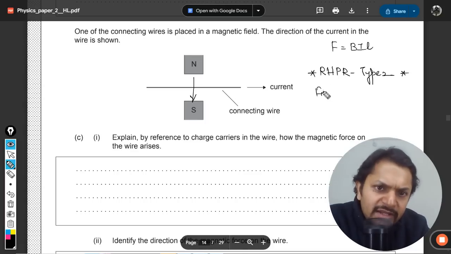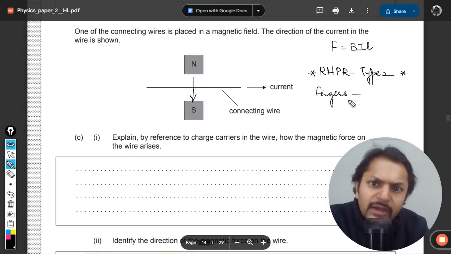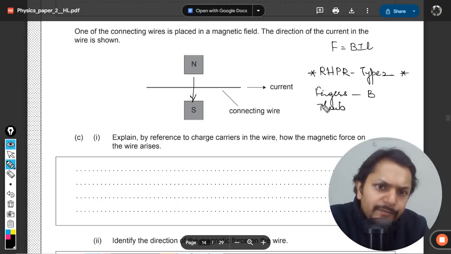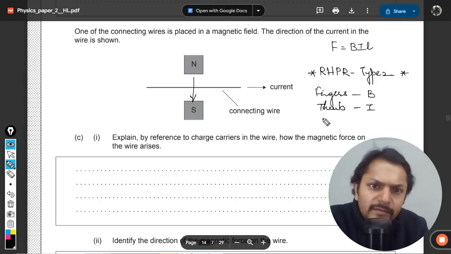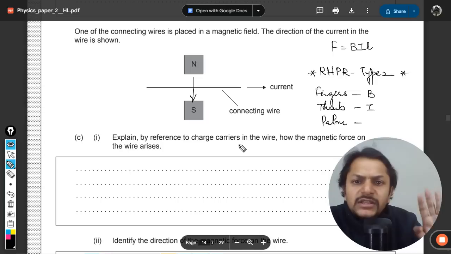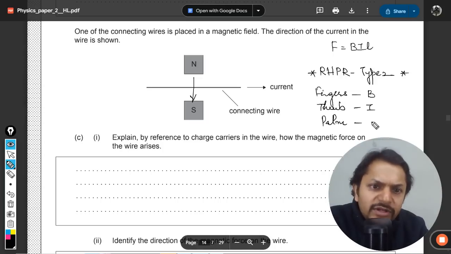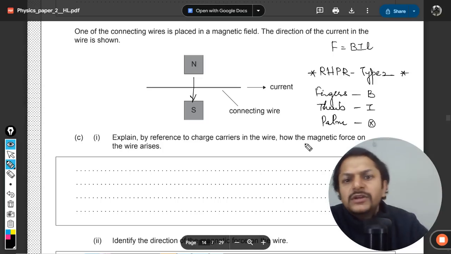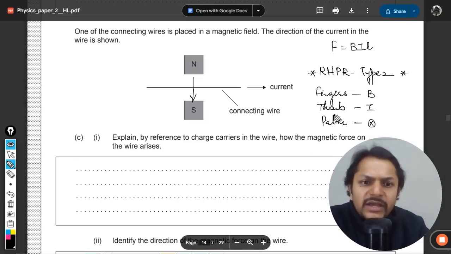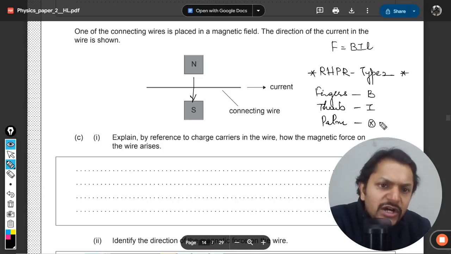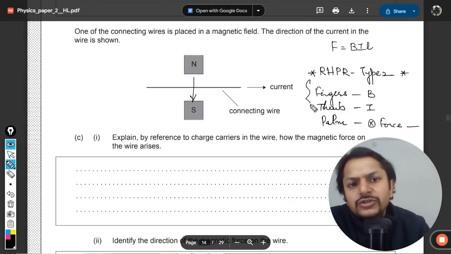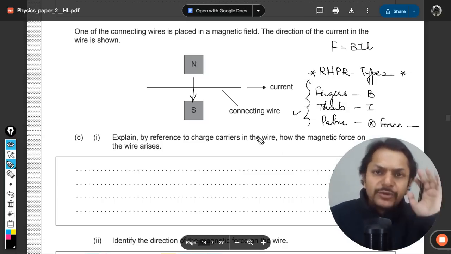I'm writing it here: fingers are placed on the magnetic field, thumb is placed on the current, and the palm is pointing into the page, and that gives the direction of the force. So this is the right hand palm rule type 2.